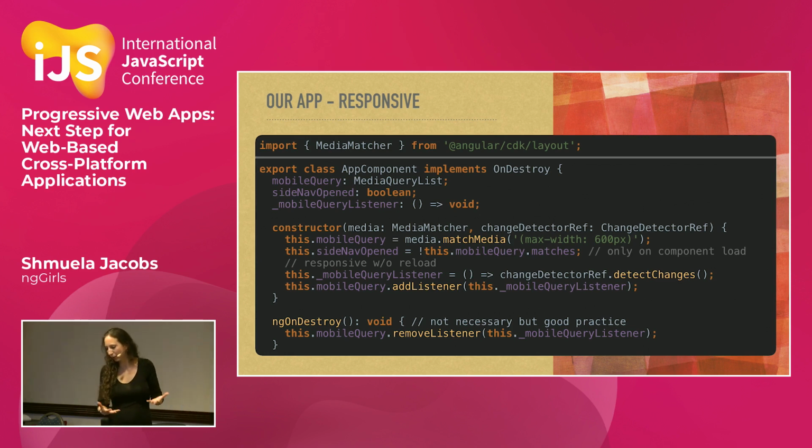So for example, the max width, and it gives us whether it's matched or not, but we can also add a listener to it, to pass a function, a callback, for whenever this changes.